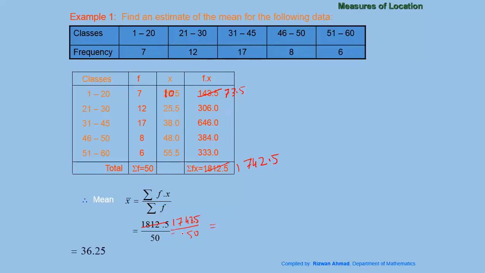So it will give us the result 34.85. And if these are some lengths, then this will be in the same unit of centimeters, whatever is the unit given in the question.